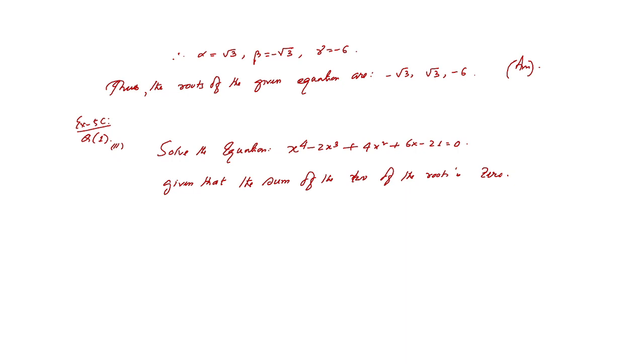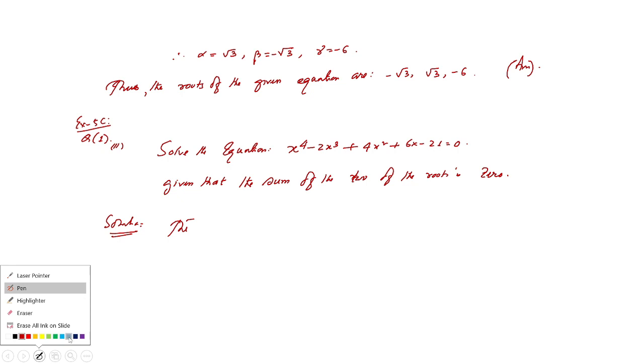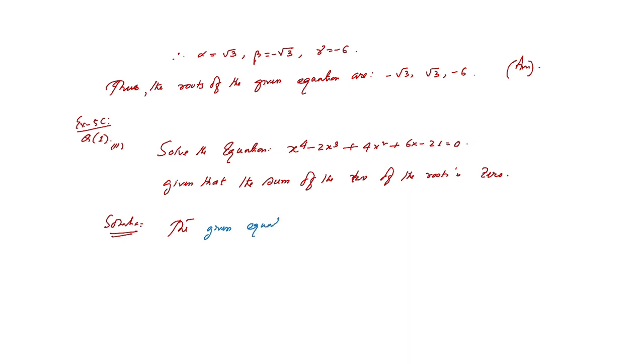Now the question is how to solve this kind of problem. So here we come to the solution. The given equation is x to the power 4 minus 2x cube plus 4x square plus 6x minus 21 equals 0.